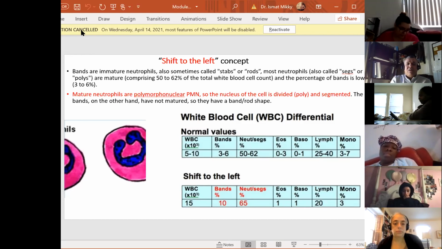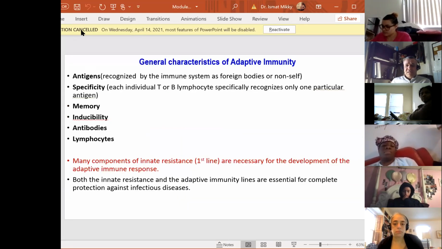And when you see something like that, it's called the shift to the left phenomenon. It's based on the presence of a high percentage of bands, immature cells, among the white blood cells.